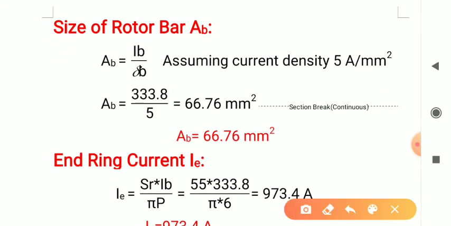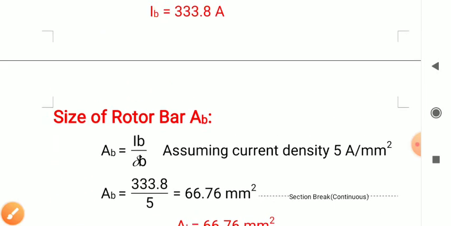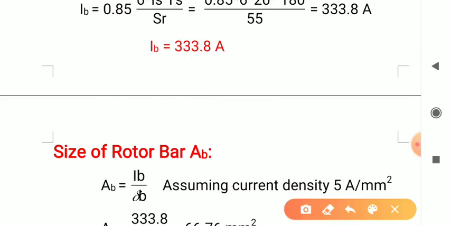Now let me calculate the size of the rotor bar, that is AB. As we know, the expression for the size of the rotor bar AB is the ratio of IB and current density delta B. The IB we have already calculated as 333.8 ampere.